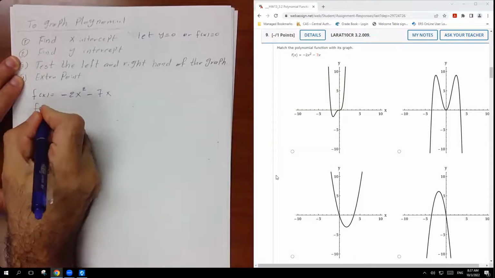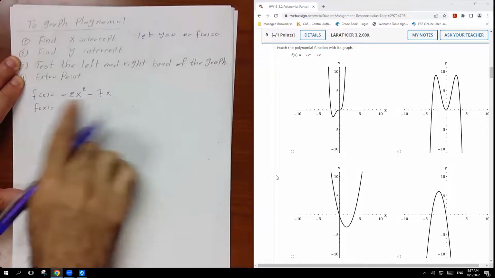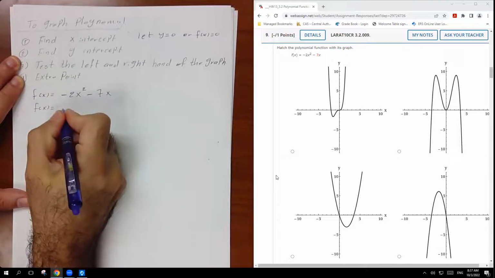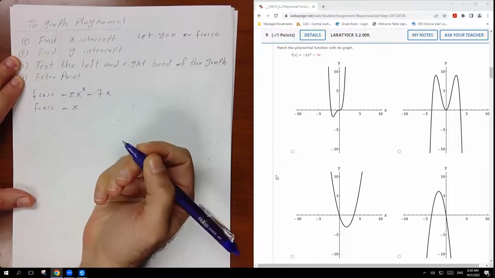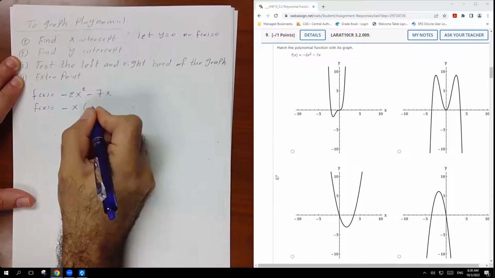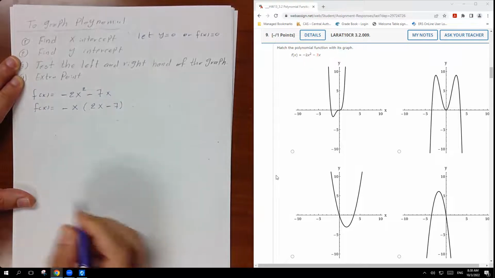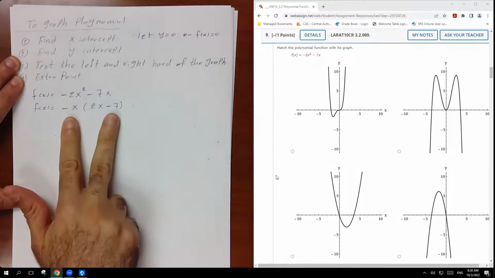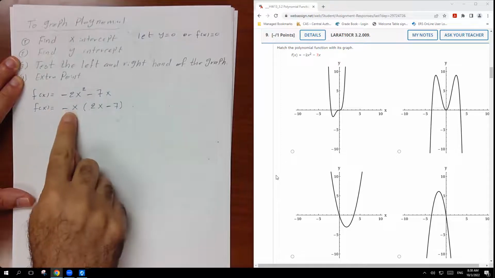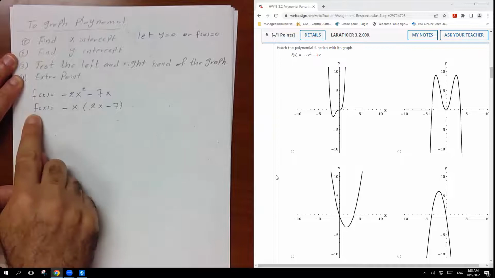So f of x equals, the only thing I can factor here is the negative sign and the x as a GCF. So I'm going to say negative x, and what's left is 2x minus 7. Now I have two factors here. You can write them in parentheses. This is a factor, and this is also a factor of the polynomial f of x.